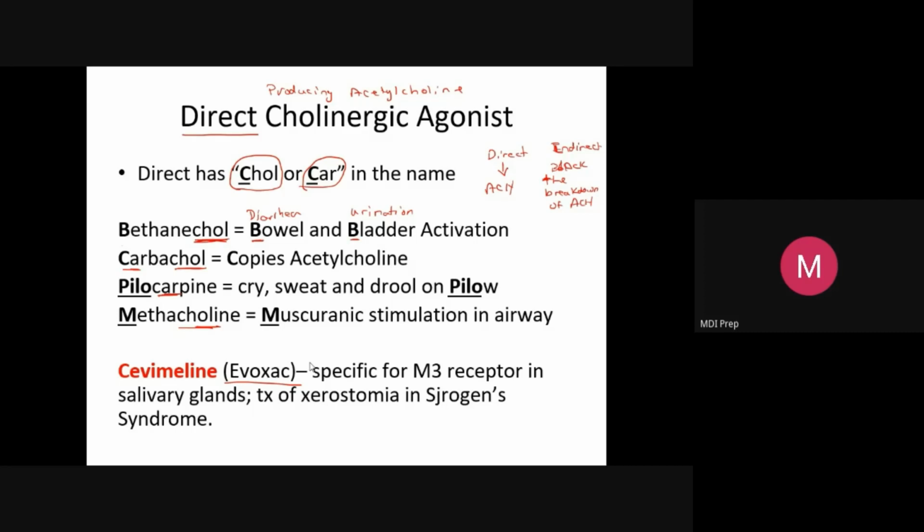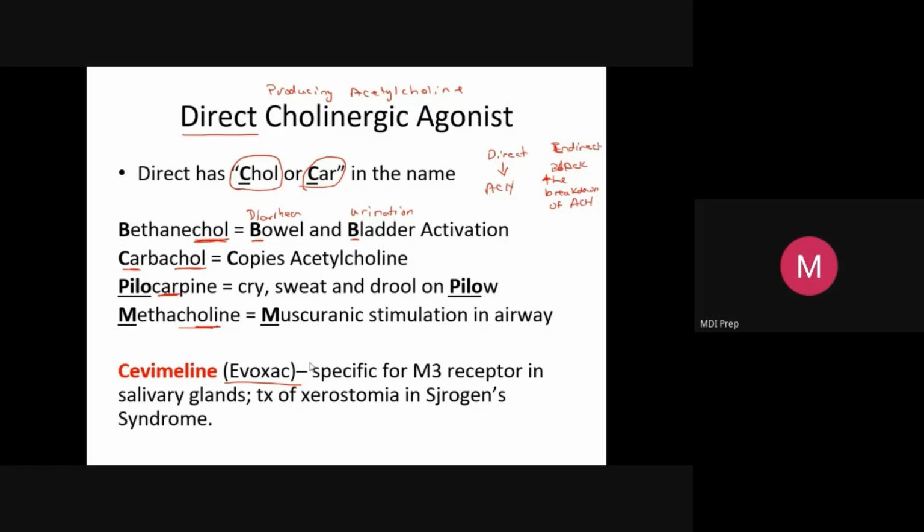But guess what? Did you know that there's another word for Evoxac? Anybody know what that other word is? Over there it says cevimeline, but it still doesn't have chol or car, does it? No.